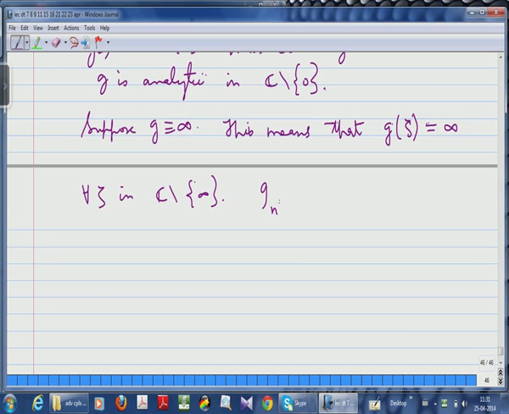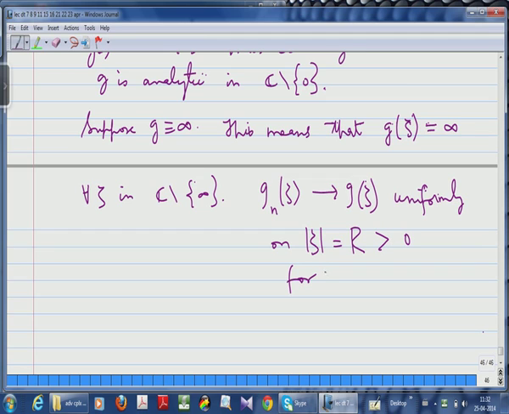So G_n of zeta converges to G of zeta uniformly on mod zeta equal to R, for any R greater than 0, because mod zeta equal to R is a circle in the zeta plane centered at the origin with radius R, and that is certainly a compact set, closed and bounded. G is a normal limit, therefore the convergence of G_n to G has to be uniform on mod zeta equal to R.